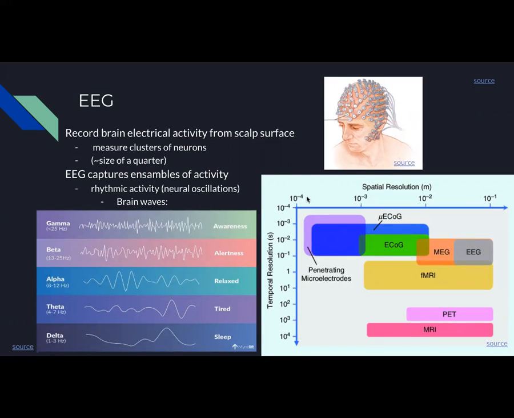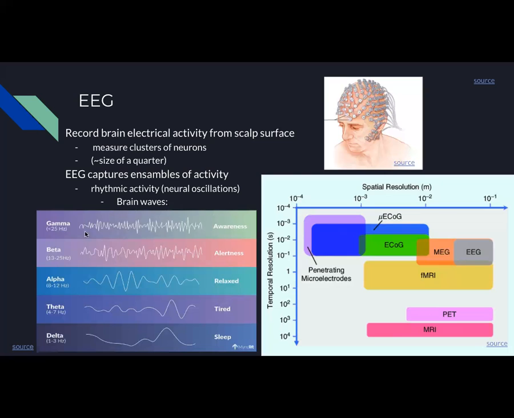And instead of capturing specific neuron spikes, we're capturing more of the ensemble activity of neurons, contributing all together into a larger waveform. And we can pick out rhythmic activity that happens due to neural oscillations, kind of oscillations between regions of the brain or specific neural circuits, clusters of neurons connected to each other.